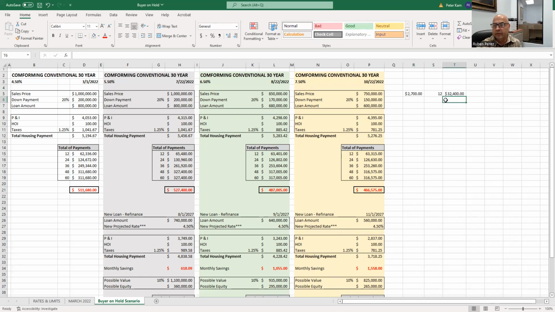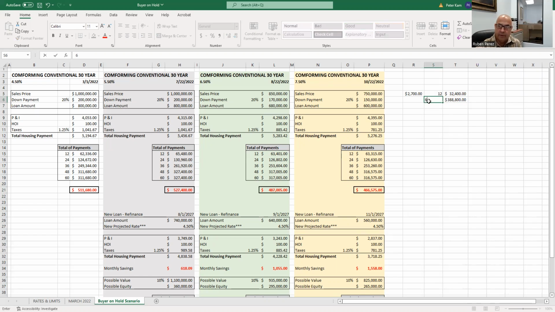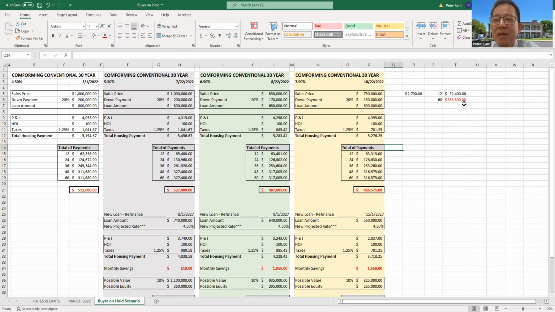So there's annually what your buyer is potentially going to be losing, and then look at after 5 years. That's the number right there. When you show that number to your buyer, that's how much money you paid into your rent instead of into your own home. That's going to open up their eyes.